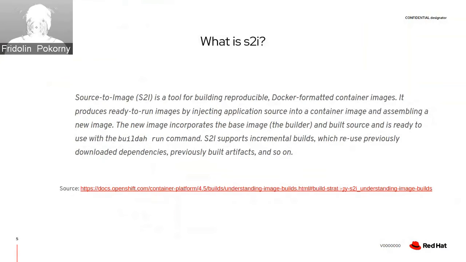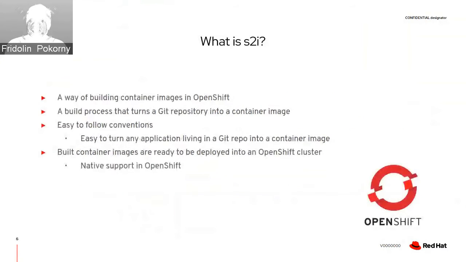But let's take a look at it more in depth. s2i is a way of building container images that are subsequently run in an OpenShift cluster. This is a build process that can turn your Git repository into a container image. You just need to follow some very easy conventions, and you can easily turn any application living in a Git repository into a container.